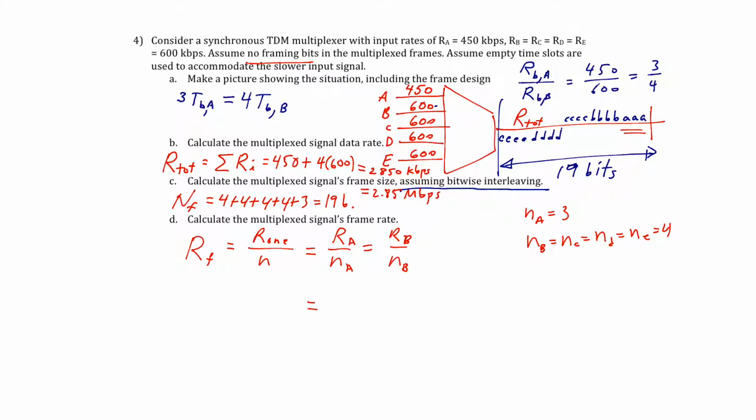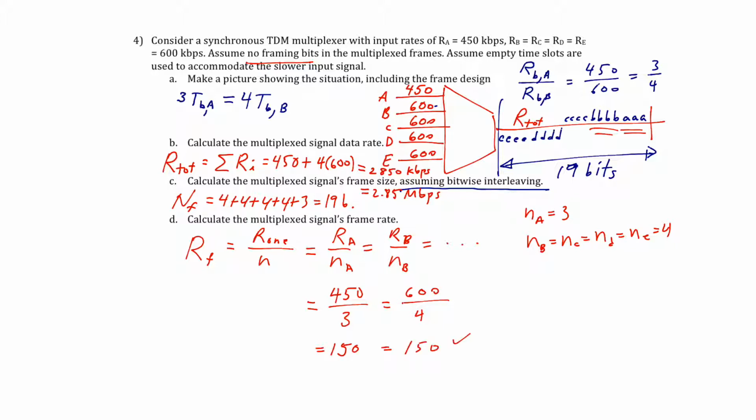And in fact, if I double check that these rates are equal, they are. 450 is the rate for source A, and the number of bits from source A is 3, and the rate of B is 600, and that's equal to the rate for C, D, and E also. And the number of bits for source B is 4, and both of these are equal to 150.